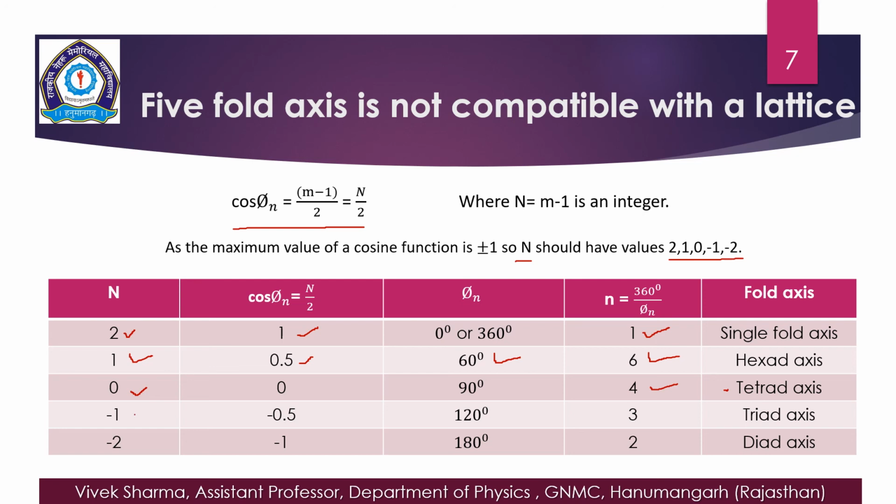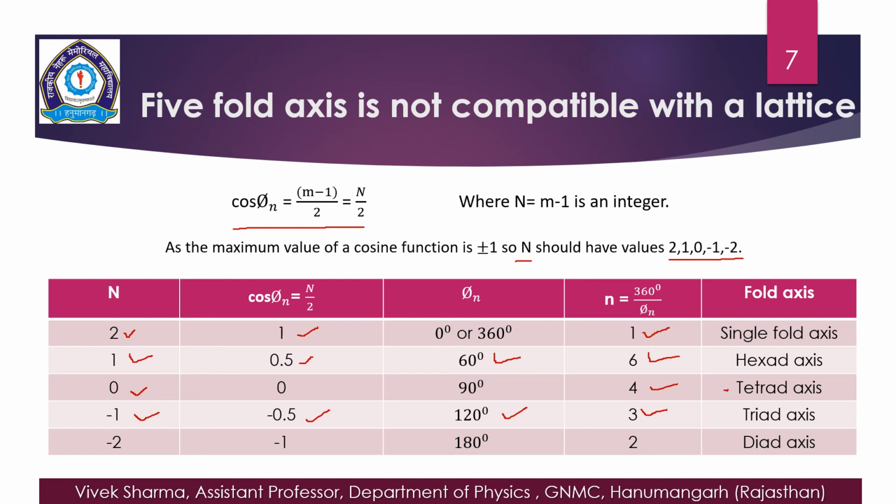If I put N equal to minus 1, cos phi n is minus 0.5, and cos 120 is minus half. So phi n is 120. If I put phi n here, then n becomes 3. It's a triad axis. If I put N equal to minus 2, then cos phi n is minus 1, phi n is 180 degrees, n equal to 2, it's a diad axis.